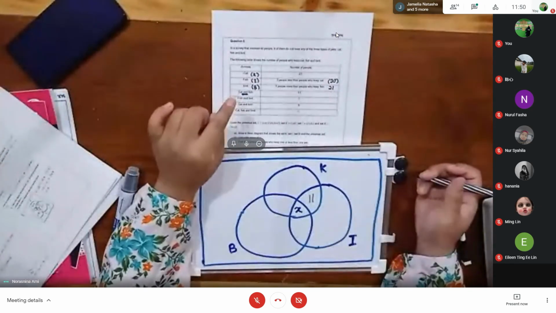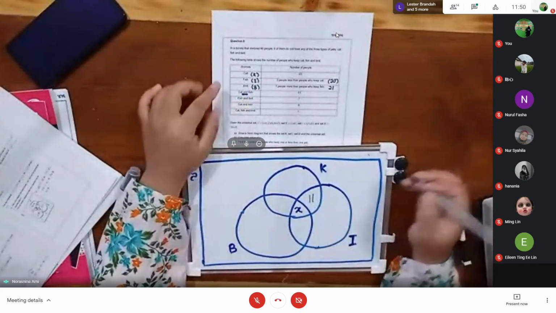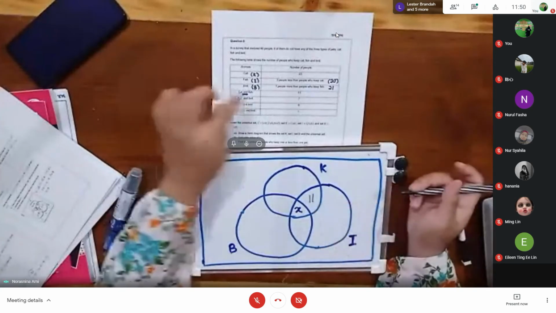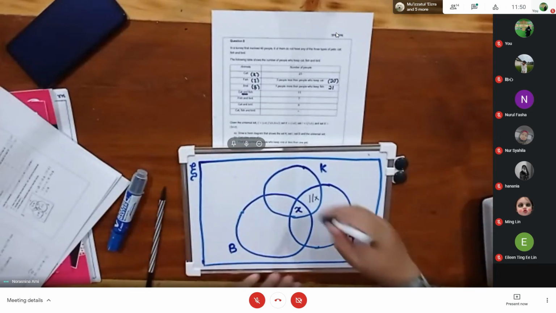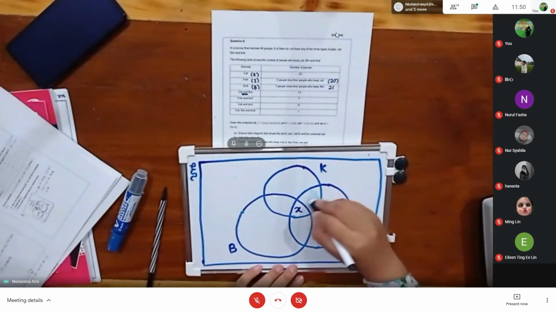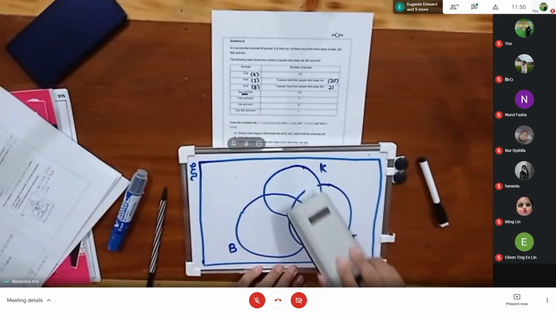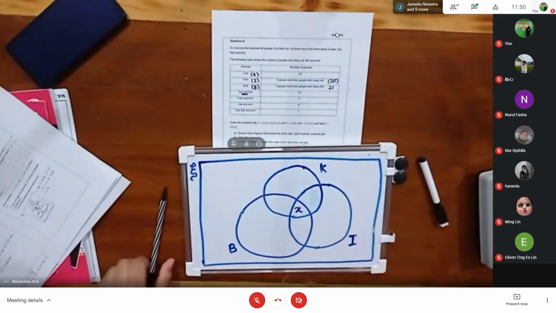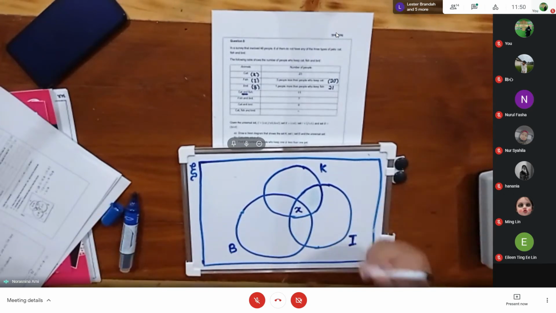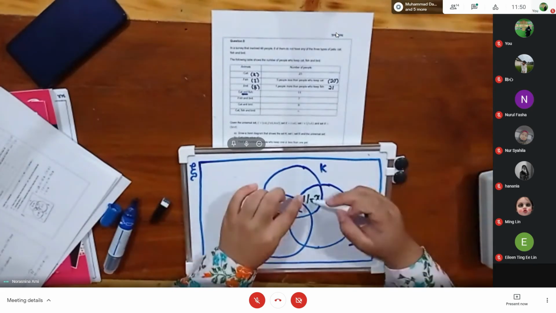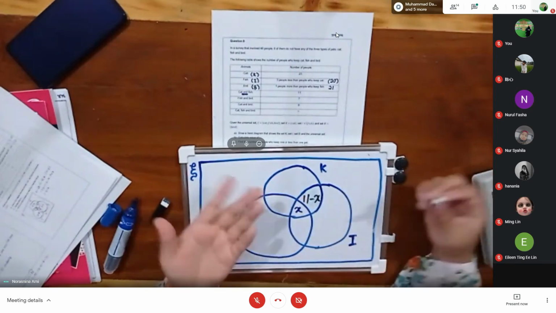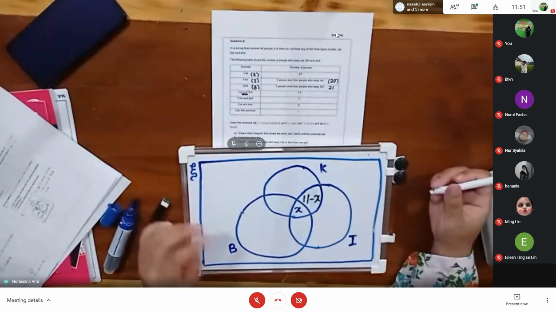If the table had cat and fish only, I could label here as 11, but it doesn't say only, so this is wrong. So from here we must minus this X. Here I label 11 minus X. So it represents this part. X we don't know, so we just put X there.